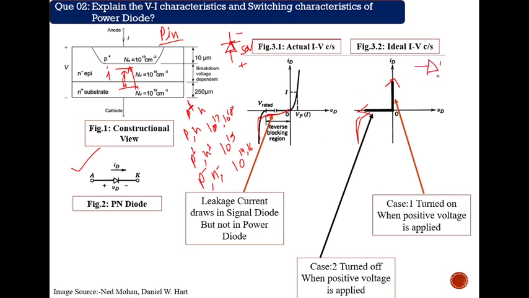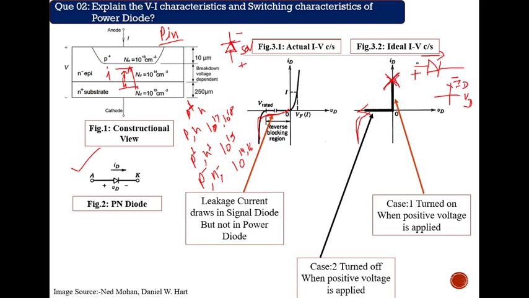So let's say this is a diode, you are applying plus and minus here, so the current will flow. Suppose this is the ID versus VD characteristic, and I am at this point.